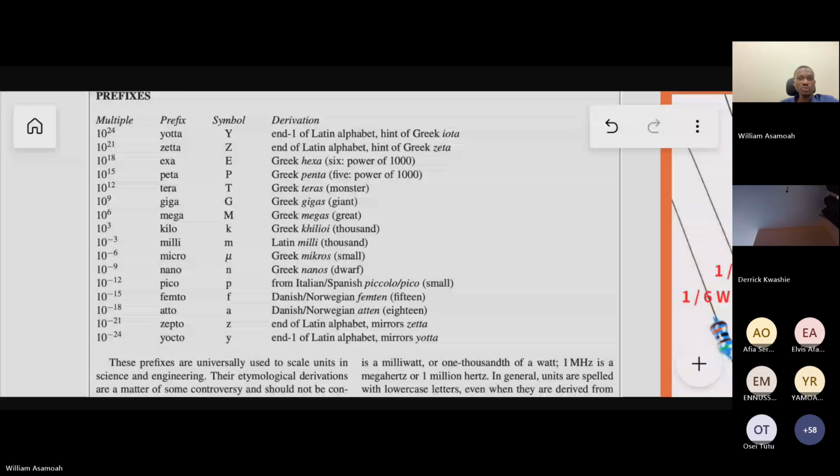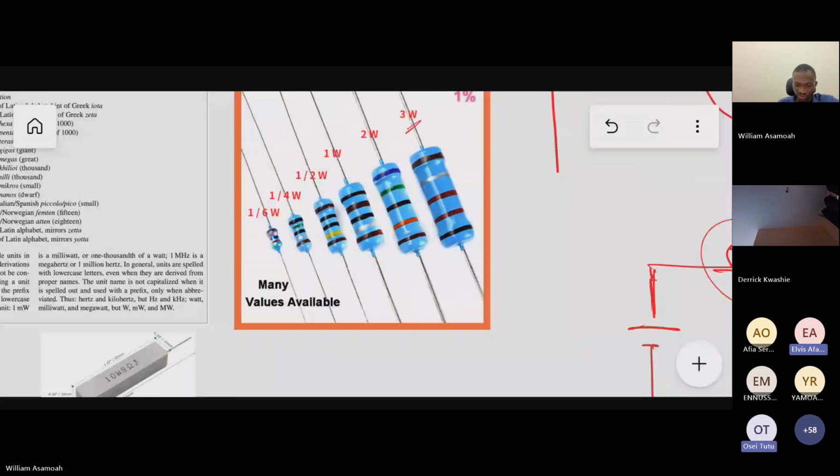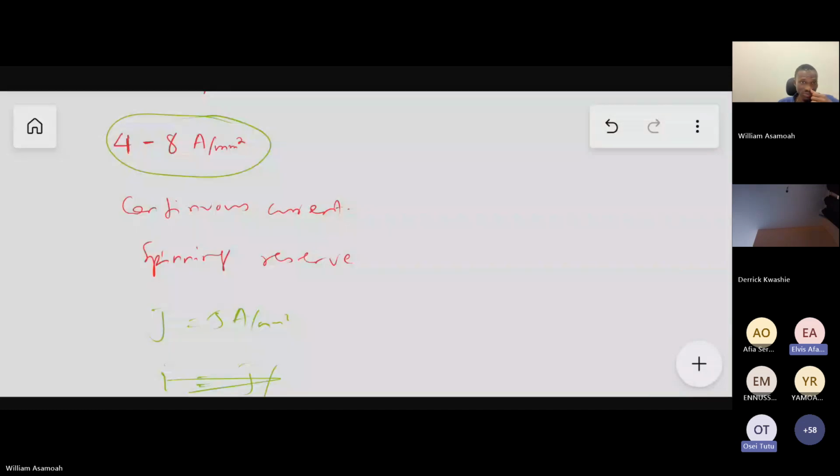Okay, yes, Elvis. So relating the current density to resistivity. I wanted to ask that you see that in both equations I can see area.